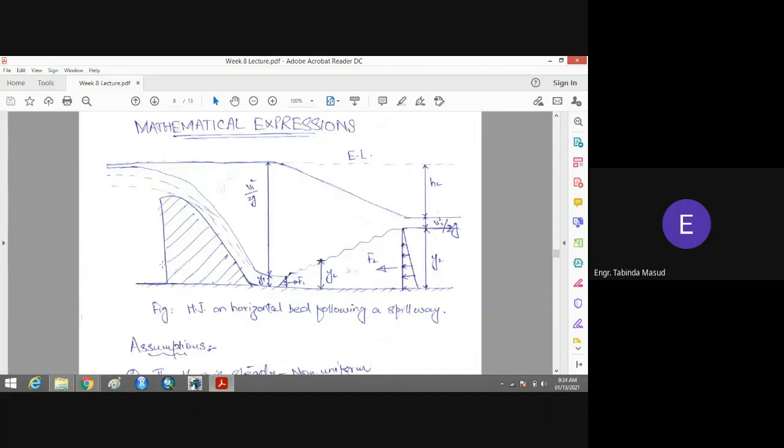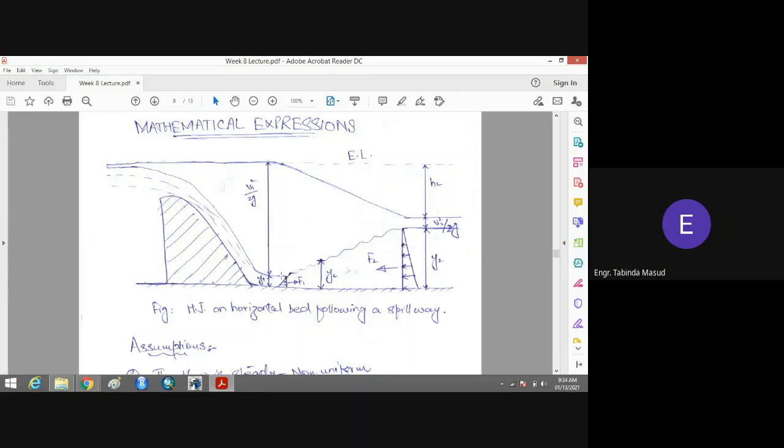So you can see that here we have a kind of an obstruction or a dam from where the water is coming, and the water is coming with a very high velocity and low depth of the flow. When it comes to the channel where the slope is horizontal or very mild, it gets a sudden break.